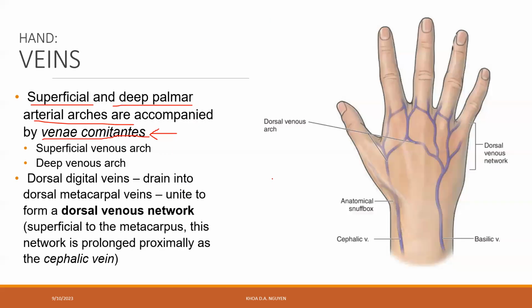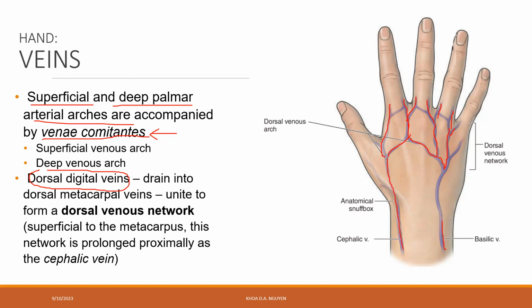These veins are going to accompany these arteries on the palmar side. So that's easy. But on the dorsal side, there is what is known as the dorsal digital veins, okay? Coming from the fingers. Digital means fingers, right? Dorsal digital veins coming from the fingers, and they coalesce or form tributaries, okay, that lead back to these two veins, one on each side.